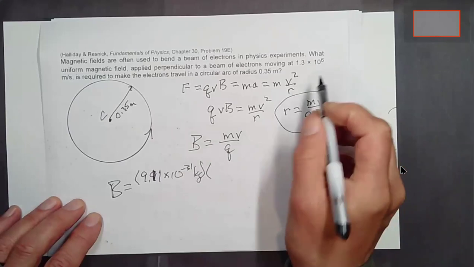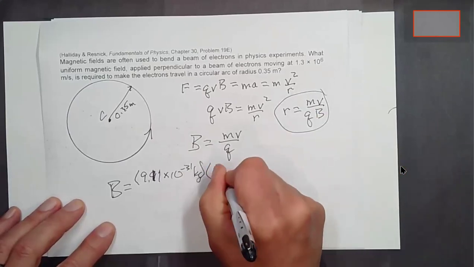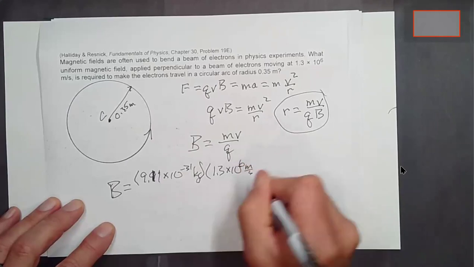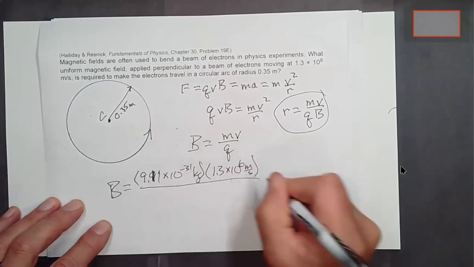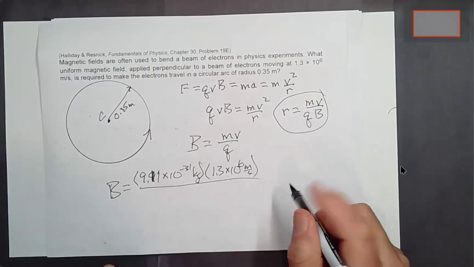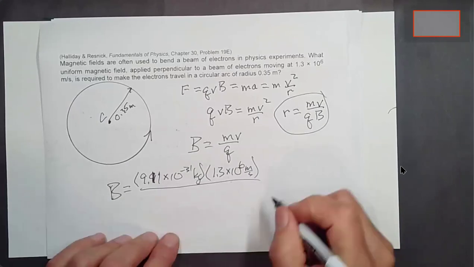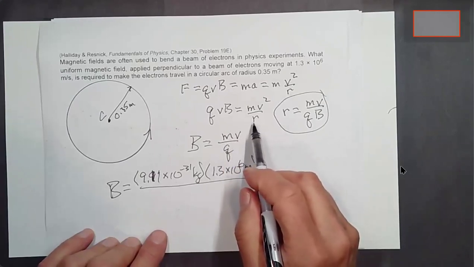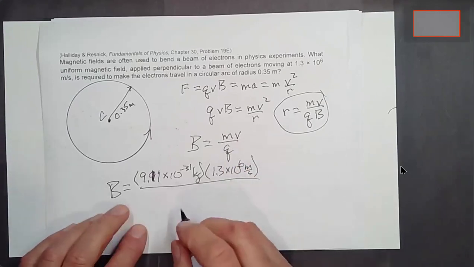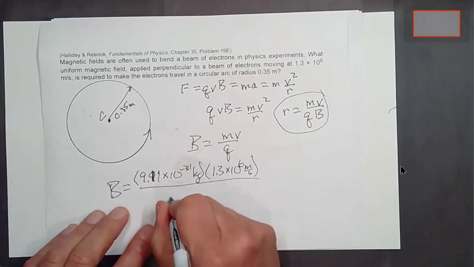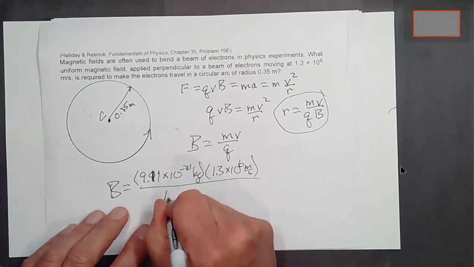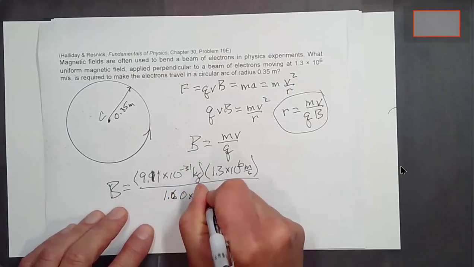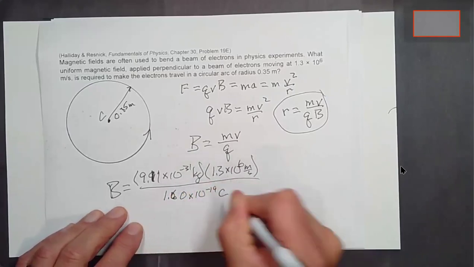The speed was 1.3 times 10 to the 6th meters per second. This ought to be fun figuring out the units, I guess. And 1.60 times 10 to the minus 19th coulombs.